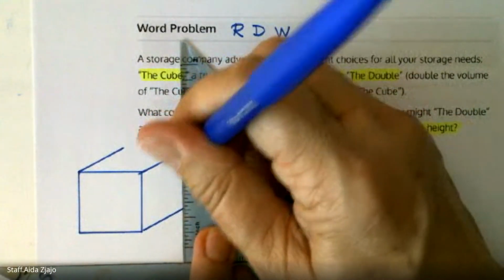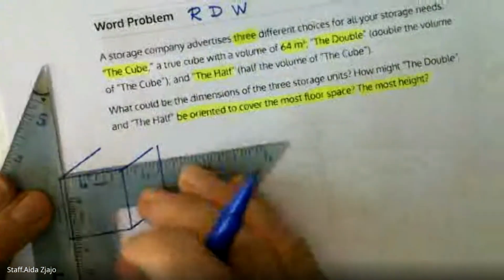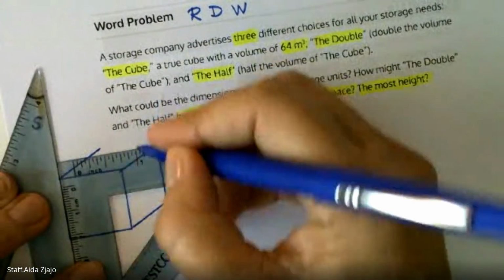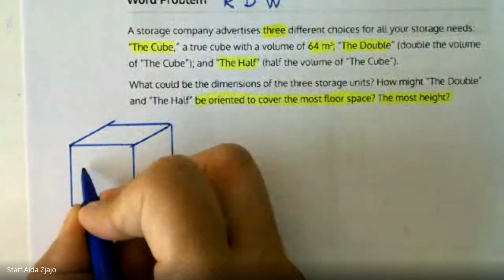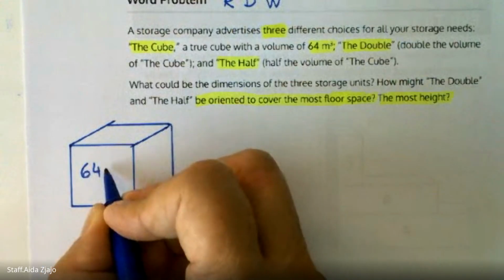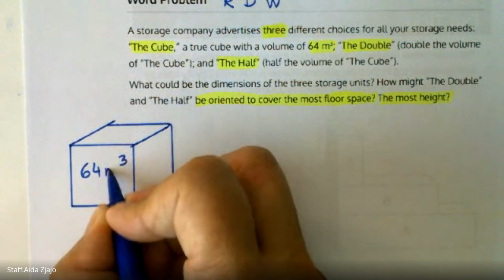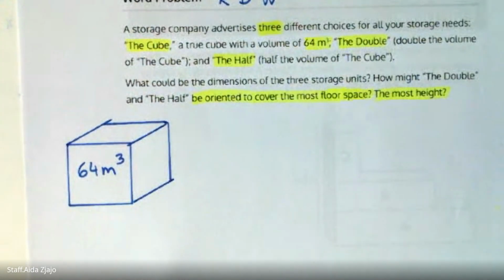Here you go. Okay, again, I made it a little bit bigger. So this box could be 64 cubic meters of space.